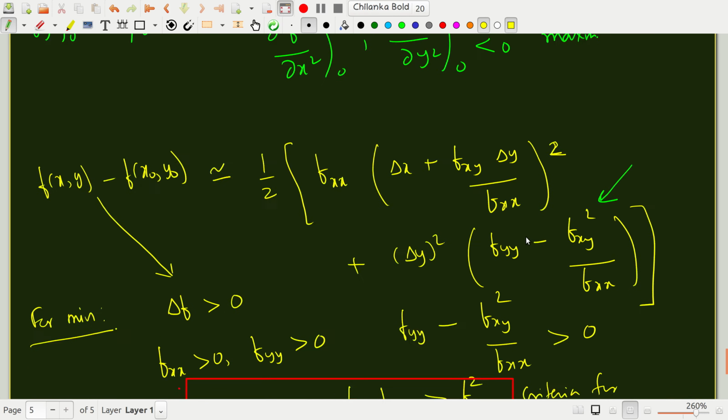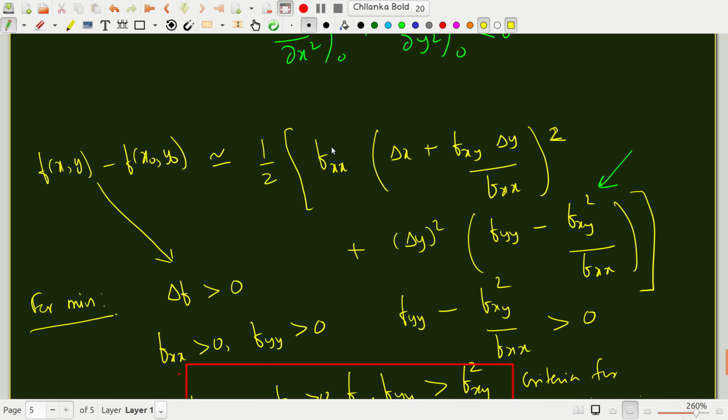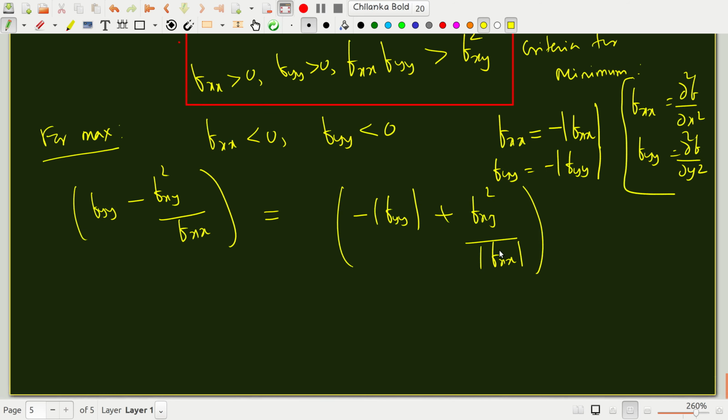For a maximum, fxx is less than 0. This entire thing has to be less than 0 because you are at the top of the hill, and whichever direction you walk, the function should decrease, right? So this should be negative, so this has to be less than 0. In other words, fxx fyy is greater than fxy squared.